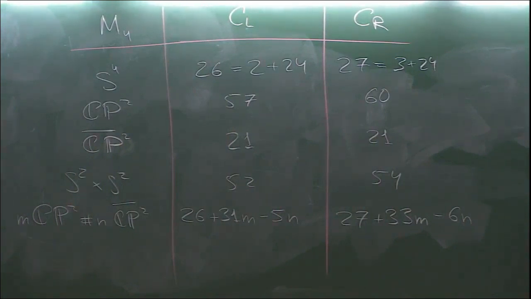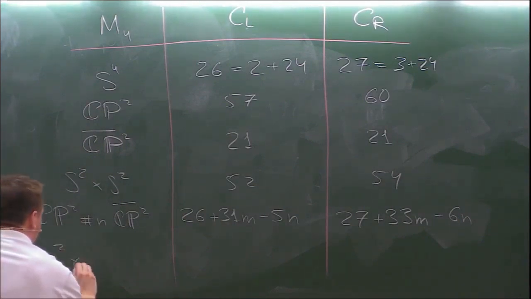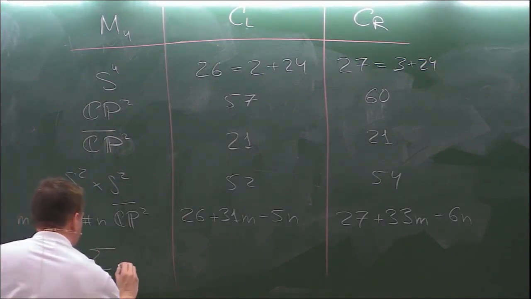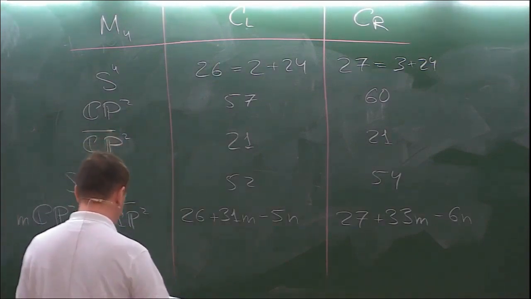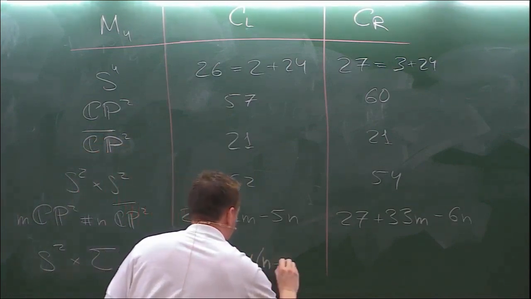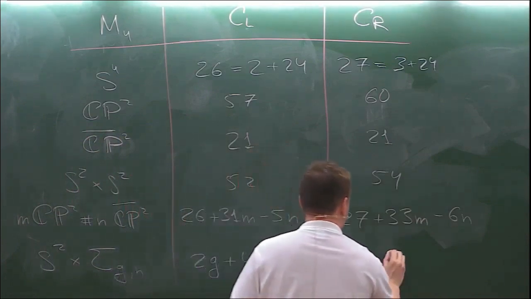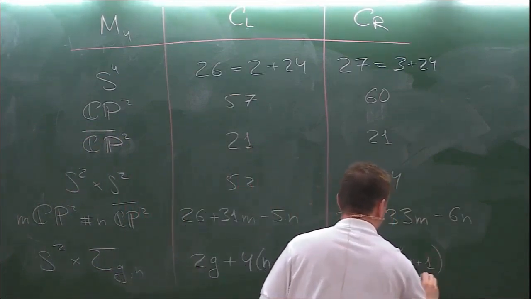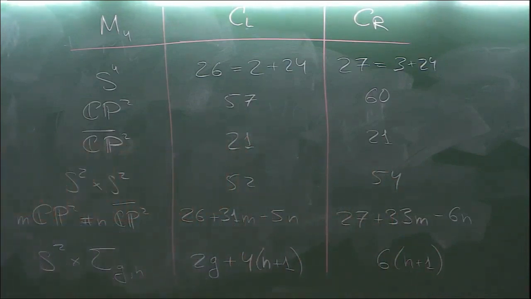They follow very straightforwardly from the fact that we define this theory as a reduction of something on a 4 manifold. And finally, if you work with, say, S2 cross some Riemann surface of genus G with n punctures, the answer is going to be 2G plus 4n plus 1, and here 6n plus 1. So these are some samples of examples, just to show you how easy and how concrete it can be.